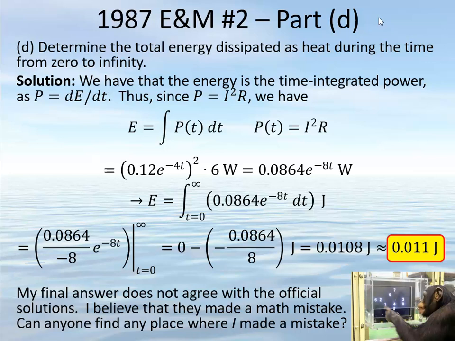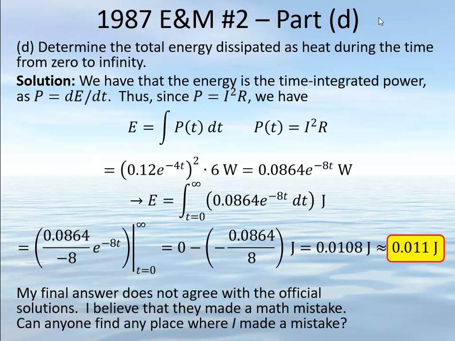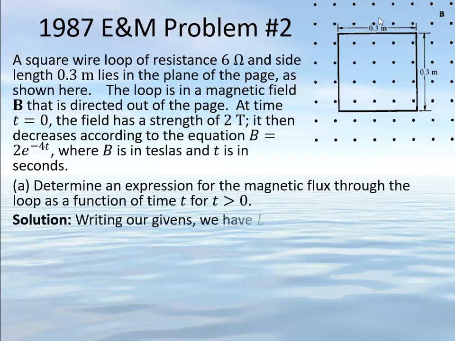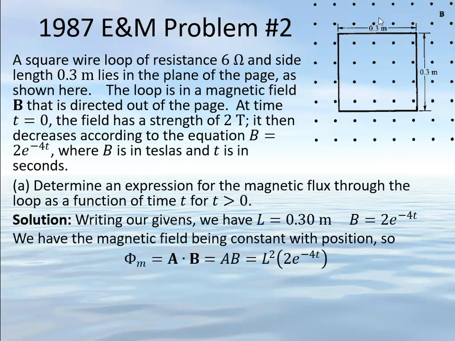Going back to part A, there's your review of the problem. Part A, they gave 1 point for at least using the equation for magnetic flux. You also could have done it as an integral, the integral of B vector dot dA vector, but in this case everything is constant, so I did not need to integrate.